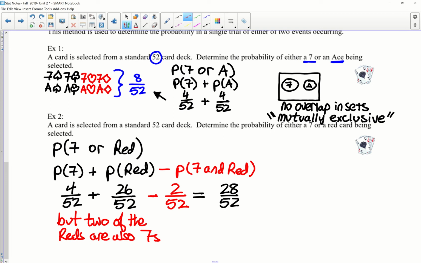The red 7s, the hearts and the diamonds, they raise their hands for being 7s, and they raise their hands for being red, but they're still the same card. So it doesn't matter. They could raise their hand 30 times. It's still one card. So you have to account for the fact that they're only one card, but they have multiple categories they fall into. All right.